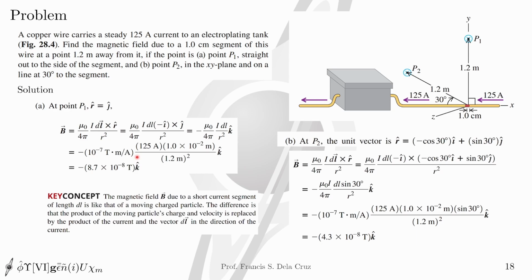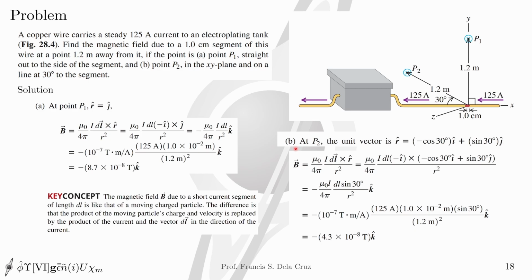Sometimes, based on our lecture videos, we are using 1.2566 times 10 raised to negative 6 Henry per meter. So just be wary of those values, but I think they are both the same. Still the permeability of free space.